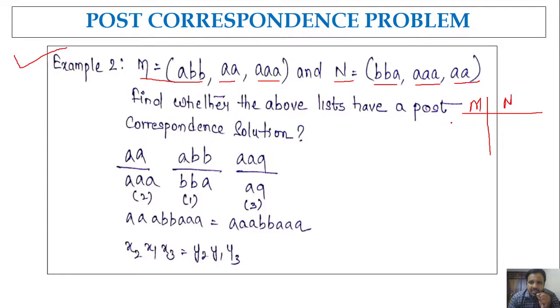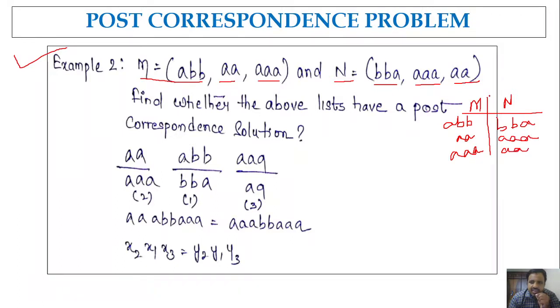In M, x1 is ABB, x2 is AA, x3 is AAA, and y1 is BBA, y2 is AAA, and y3 is AA.